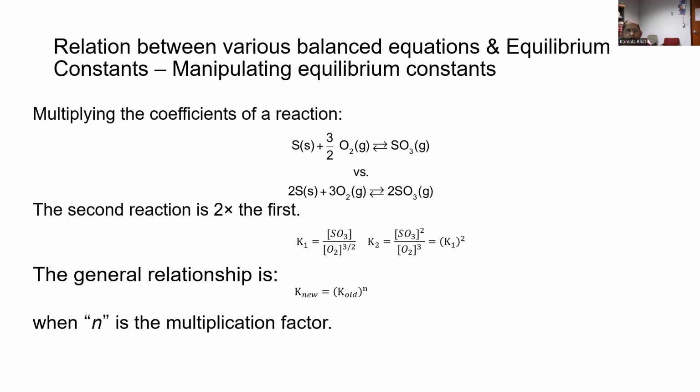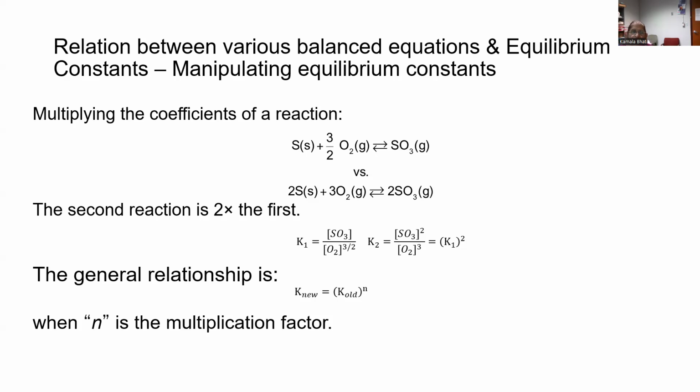So here, now, the relation between various balanced equations and equilibrium constants. Basically, we are going to be manipulating the equilibrium constants, and we want to know how to get the relationship when multiplying the coefficients of a reaction. So we have S solid sulfur plus 3/2 O2 gas gives you SO3. That is one equation, the old equation.